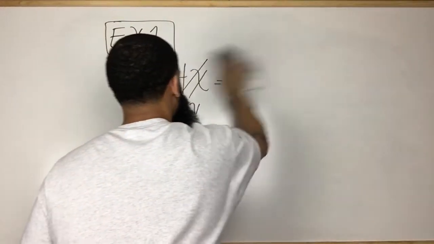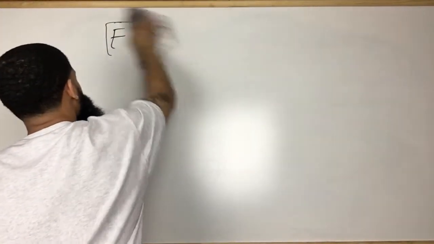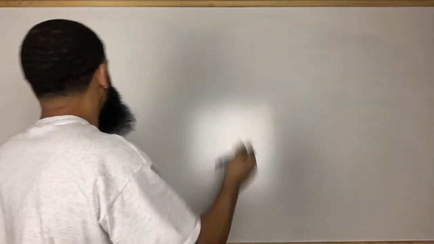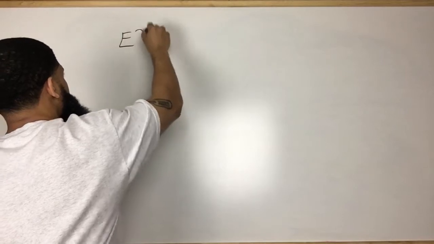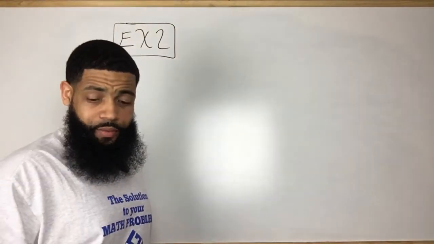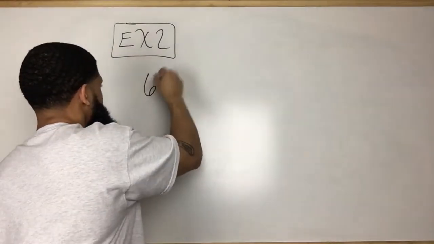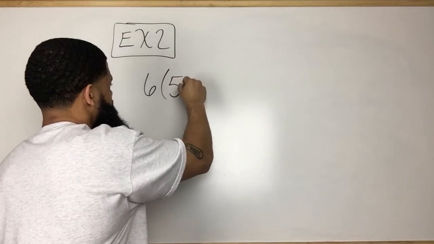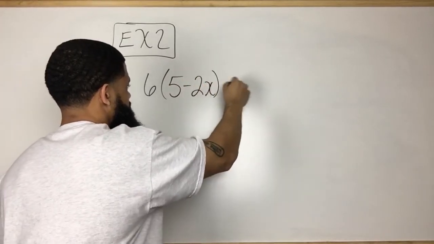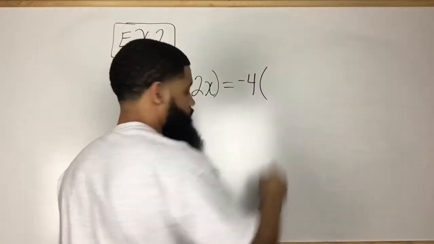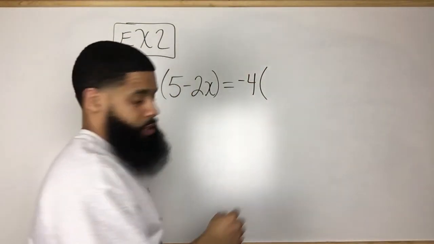Let's do another example. Slightly different, but same concept, and this one we're going to add a little more to it. In example 2, I have 6 times the quantity 5 minus 2x is equal to negative 4 times the quantity 3x plus 1.